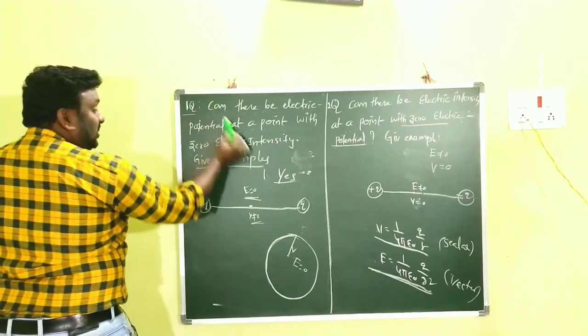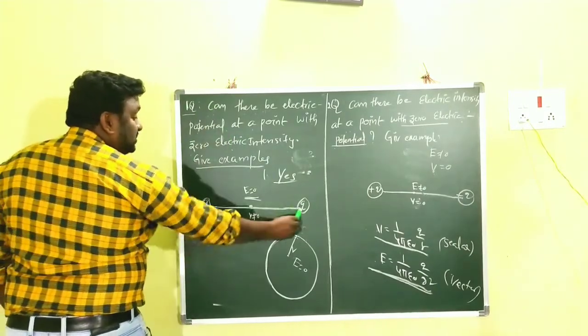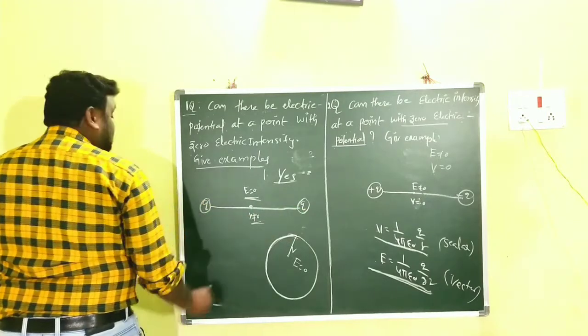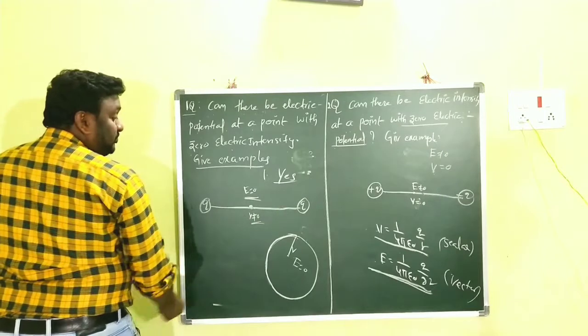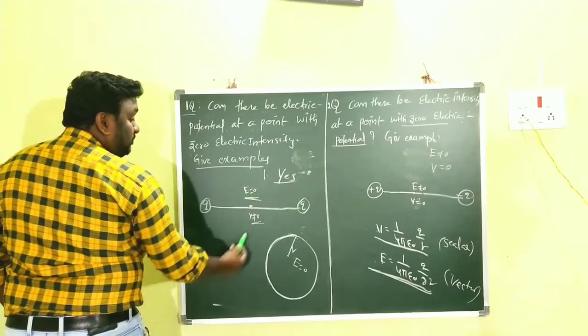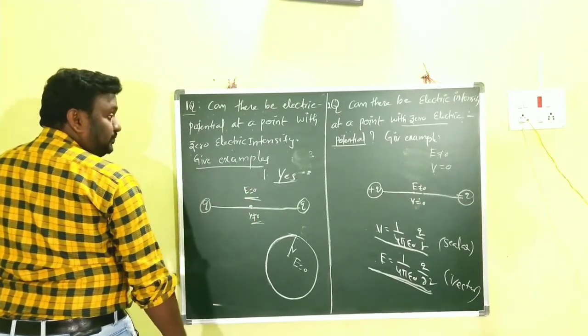Clear? So the answer is yes. At the midpoint of those two similar charges, electric field intensity is 0 but potential is not equal to 0.